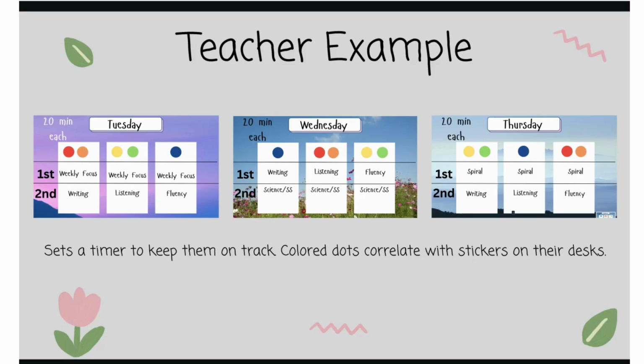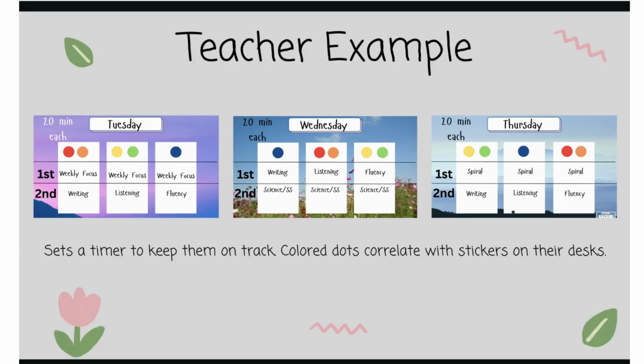And you'll see colored dots at the top of each column. This teacher has put different colored dots on desks around her room so students can look up if they are red, for example, and see that on Tuesday they will begin with weekly focus. And after that 20 minutes is up, then they will move to the writing center.